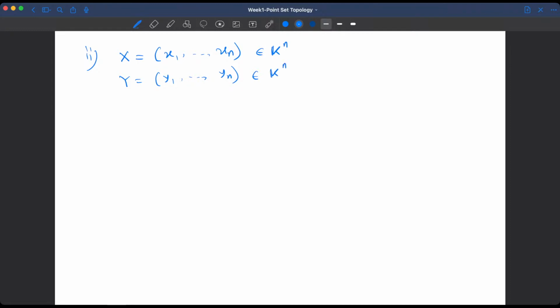Now if I define the p norm, recall that the norm of x in p is the sum of |xi|^p, i equal to 1 to n, to the power 1 over p. Similarly, if I replace p by q, then it is the sum over |xi|^q to the power 1 over q. So if I now calculate the p norm of this thing, then this is 1, right?